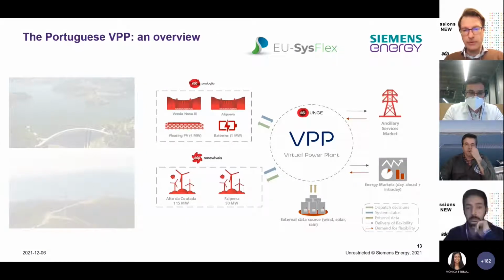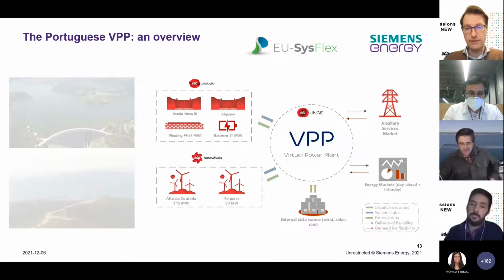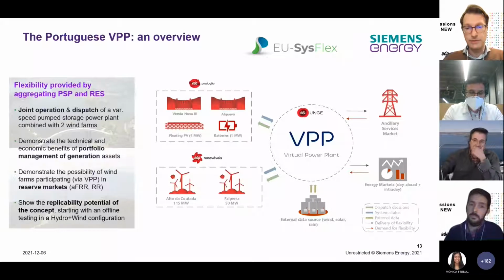And then we want to be able to deal with the entire setup, meaning vendor number 3 and the 2 wind farms, and bidding these into the energy markets as well as providing ancillary service.